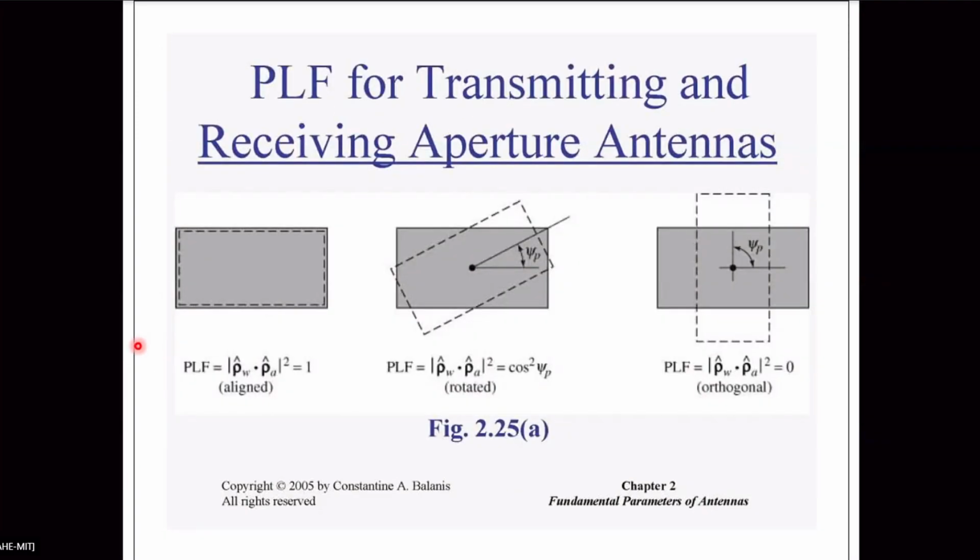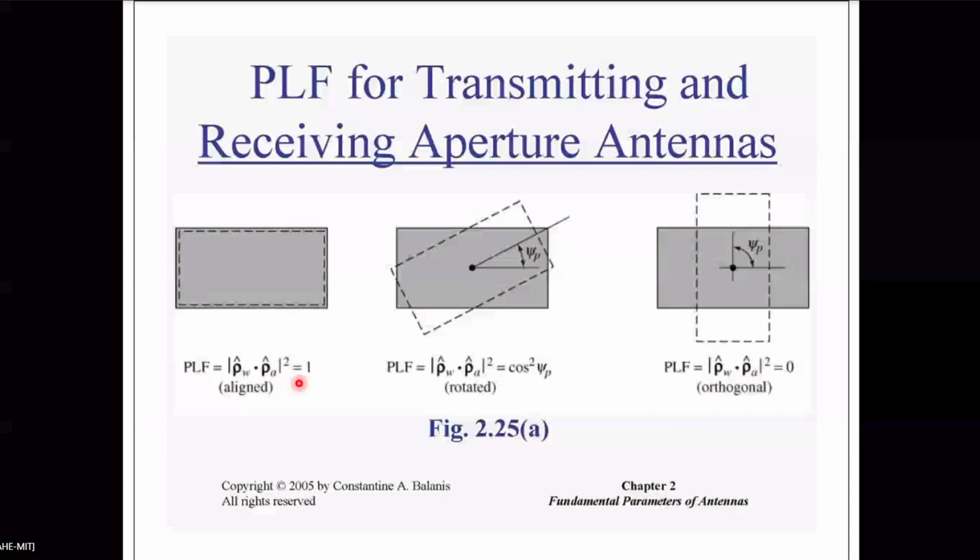So this is for aperture antennas. If the apertures are aligned fully properly, then rho A dot rho W whole square is equal to 1.